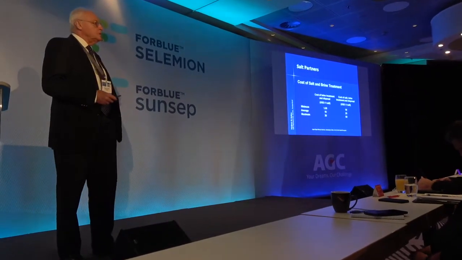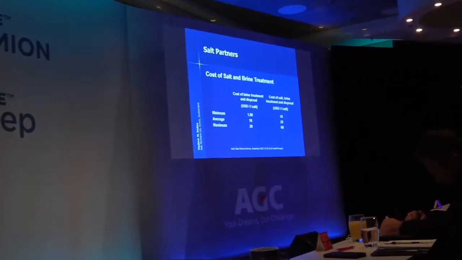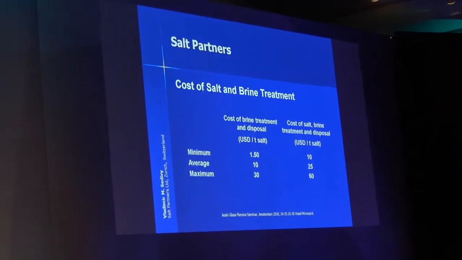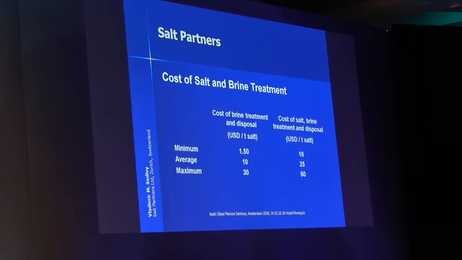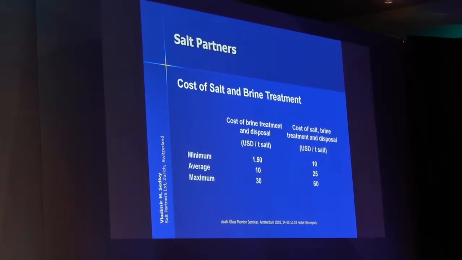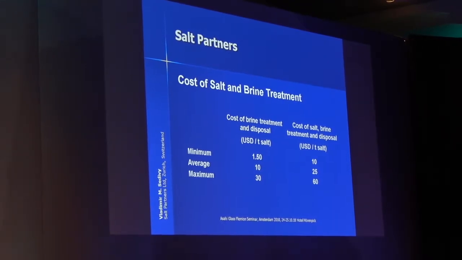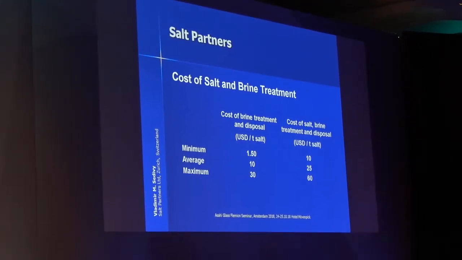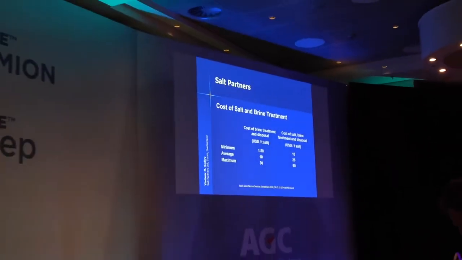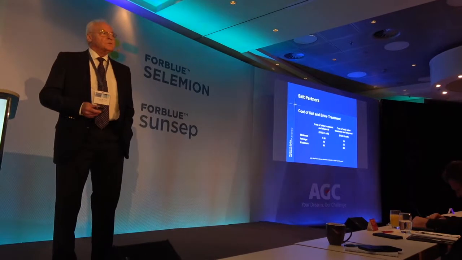Cost of salt and brine treatment. Of course, I cannot tell you who is having what costs, but these are the medium and the minimum and the maximum figures. You can see that as far as the cost of brine treatment and disposal of the contaminated sludge is concerned, the minimum costs are somewhere around $1.5 per ton of salt, and the maximum can be about 40 times higher, around $30 per ton of salt.